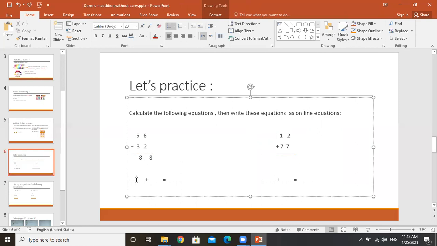Now let's write the column equation on the line. We start from this number 56. We read the number from the left to the right. So 56 plus 32 is equal to 88. So in this way, we write the equation on the line. I want you to try and practice this one.